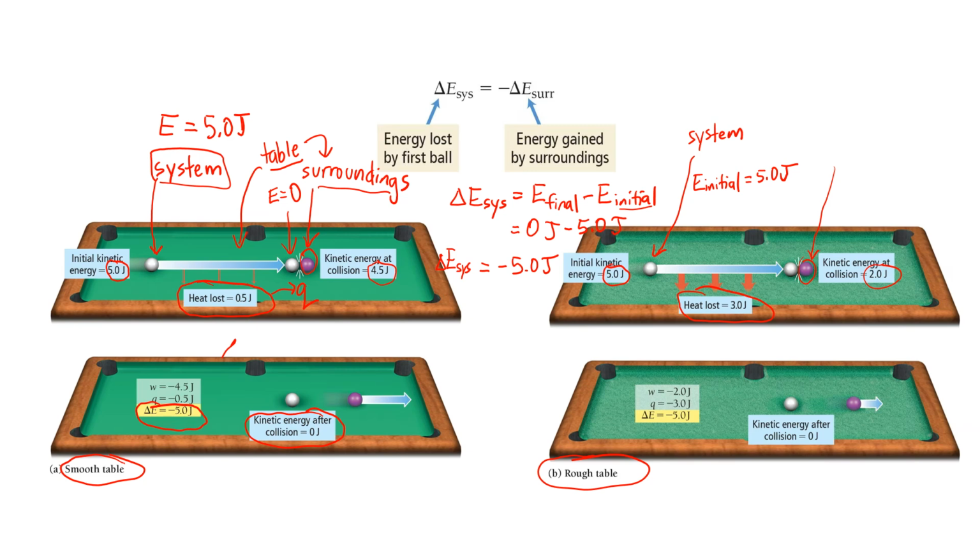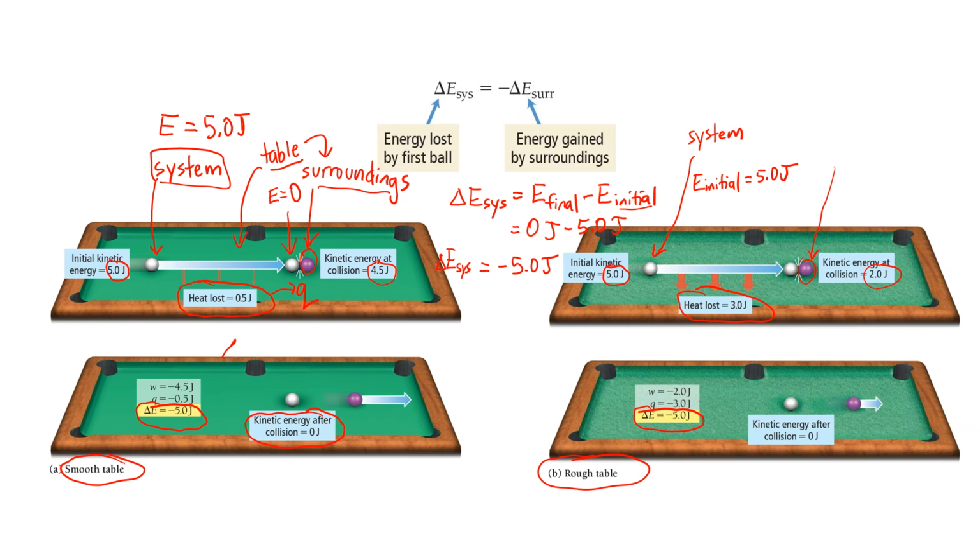But bottom line is that all of that 5 joules was transferred to the table and the purple ball, okay? And it's the same situation where delta E is also negative 5 joules, right? Because if you take 3 that's lost from heat, 2 that's lost from the work being done on the purple ball, you get negative 5. So the change in internal energy of the system is also negative 5.